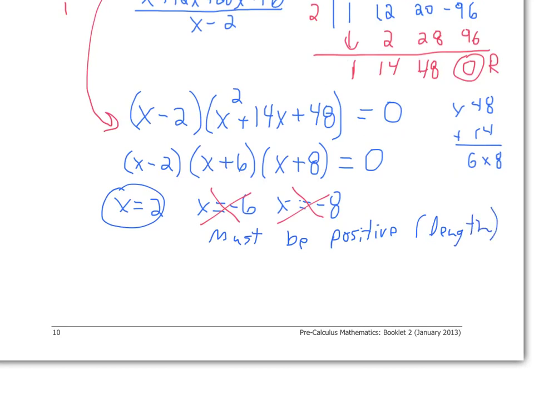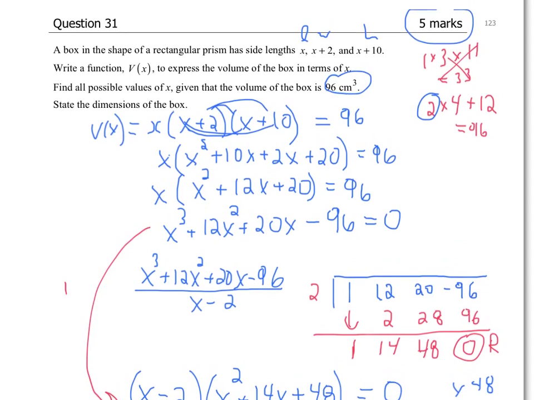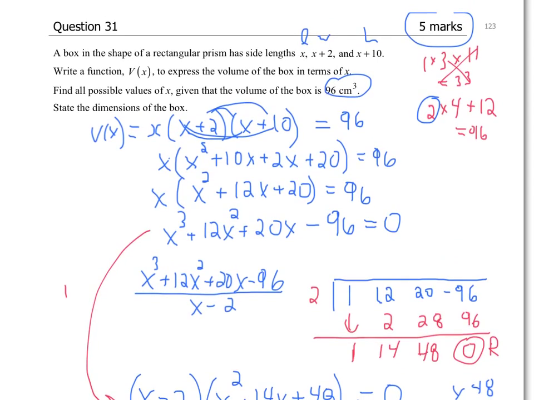So x equals 2 is not my final answer. We want to substitute back in and get the dimensions. So we go all the way back up to here, and this is what we're going to substitute into. So x is 2, and 4 and 12: 2 plus 2 is 4.